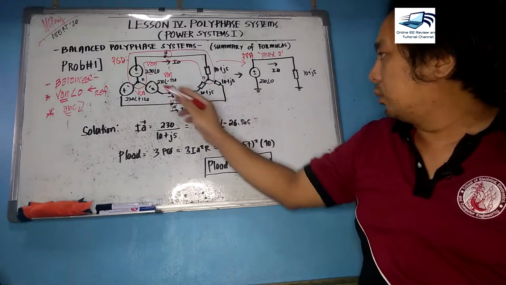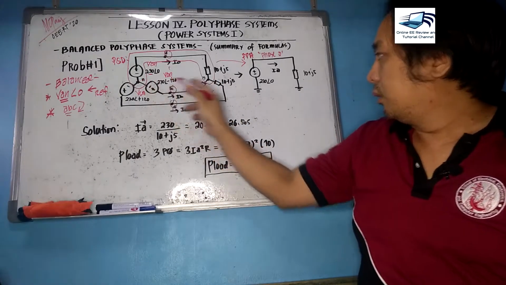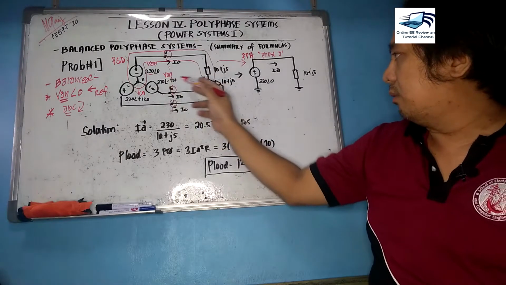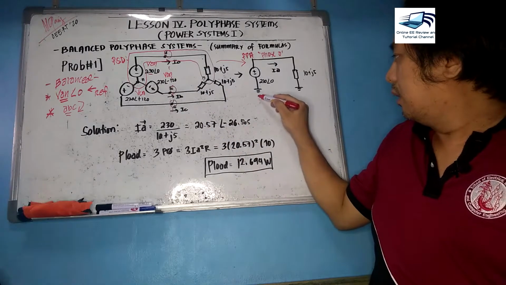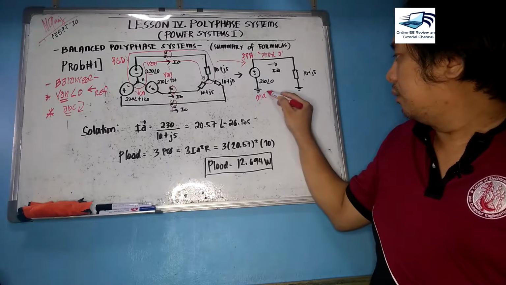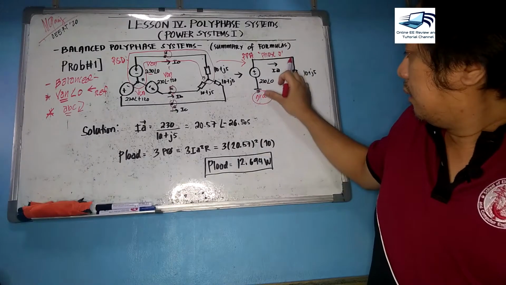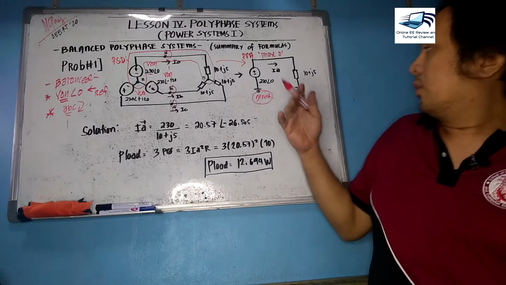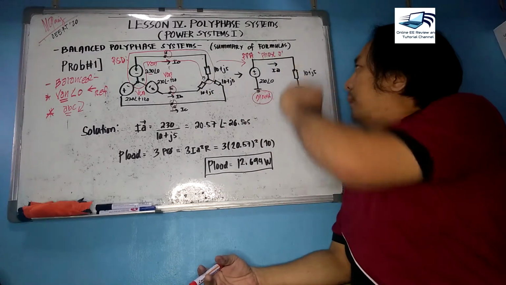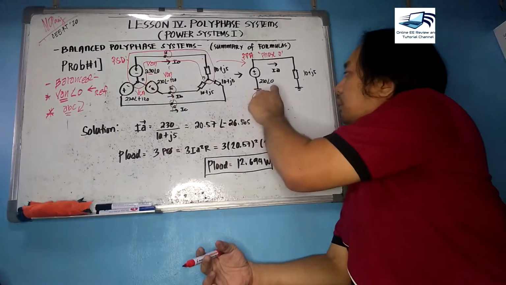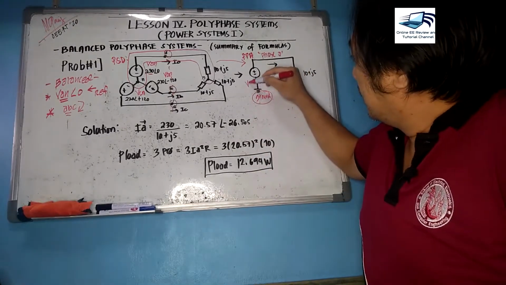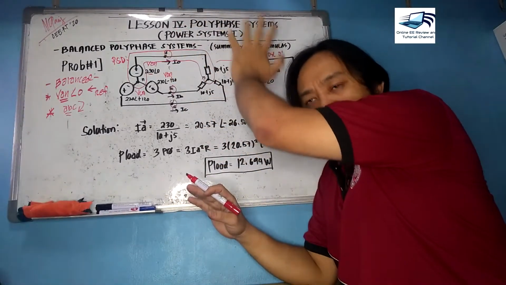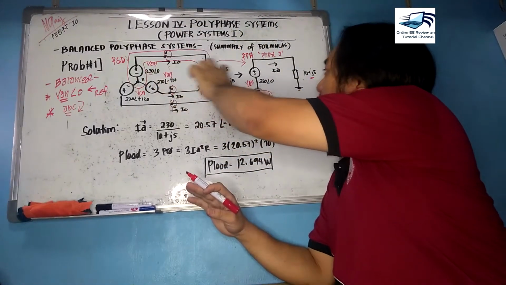Please take note, you have your ground here, the neutral wire. Since it is balanced, IN is 0, so the conductor is open. This is your common ground. Hence, taking the per phase basis, you have the 230 volts angle 0, which is your VAN, one phase of the system, 10 plus j5. Since balanced, you have the same impedances, and IA alone.